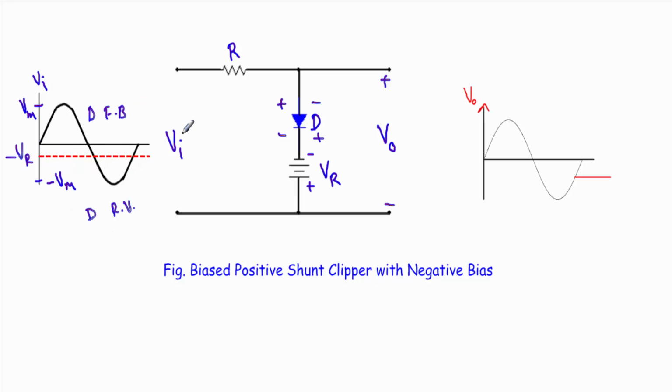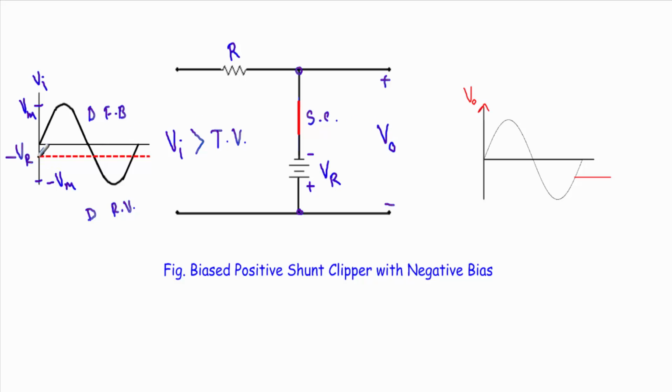Now consider the value of input voltage greater than this transition voltage. In that case, our diode will be in forward bias, so we can replace this diode with a short circuit. If I replace the diode with a short circuit, our circuit will look like this, and you will see that we are taking the output across this terminal and this terminal, and the reference voltage, with its negative minus VR, is connected in parallel with the output terminal.